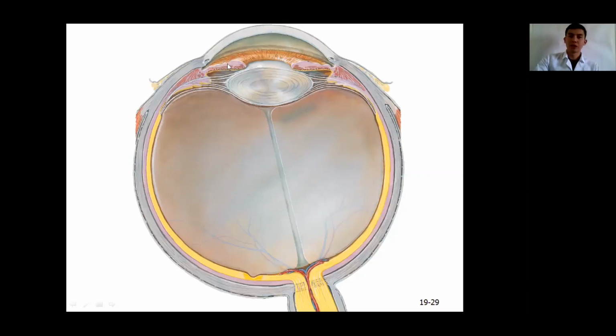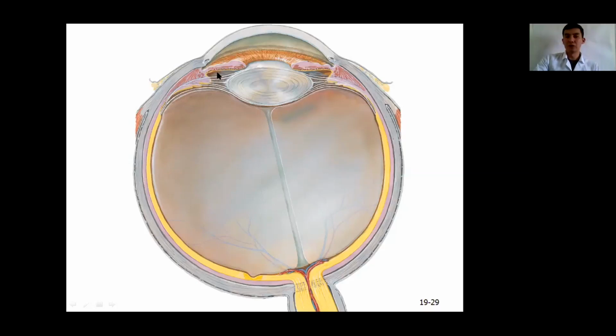Anteriorly, the iris divides this portion of the eye into two chambers, anterior chamber and posterior chamber. And the ciliary processes produce the aqueous humor.